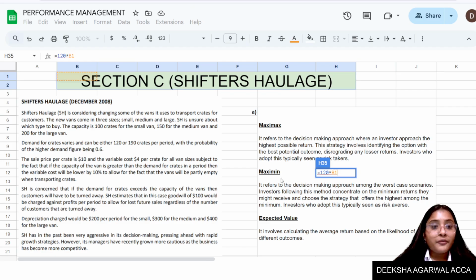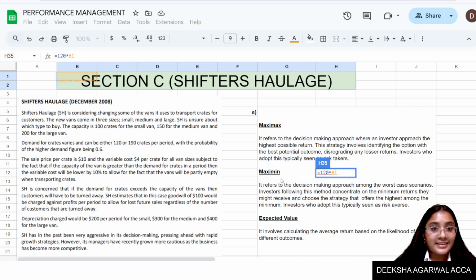However, for all the vans, if the capacity of the van is greater than demand for the crates in a period, then all the variable costs will be lower by 10% to allow for the fact that the vans will be partly empty. It's already written what will be happening with the van.